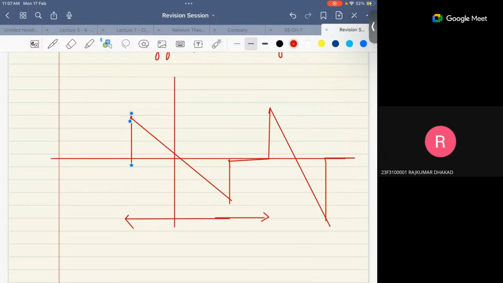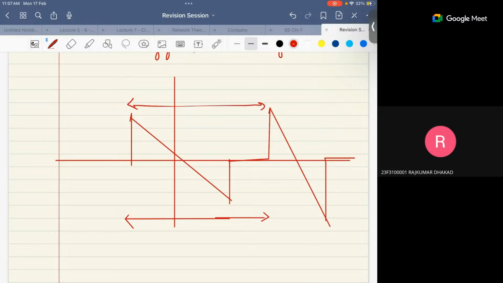So from here till here, and then again it is repeating from here. In the exam, many times people just take the time period as this. No, the time period is from where the signal again started repeating. So this should be the time period. Clear, right?